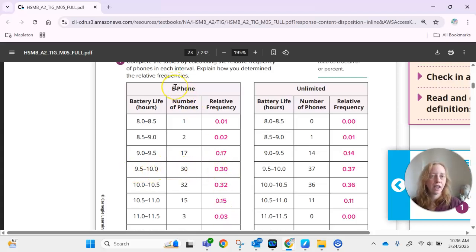They tested 100 phones, and so that means that for each of these numbers, they said, okay, this relative frequency is just the percent or the decimal. So like 1 divided by 100 is 0.01. 2 divided by 100 is 0.02. 17 divided by 100 is 0.17.